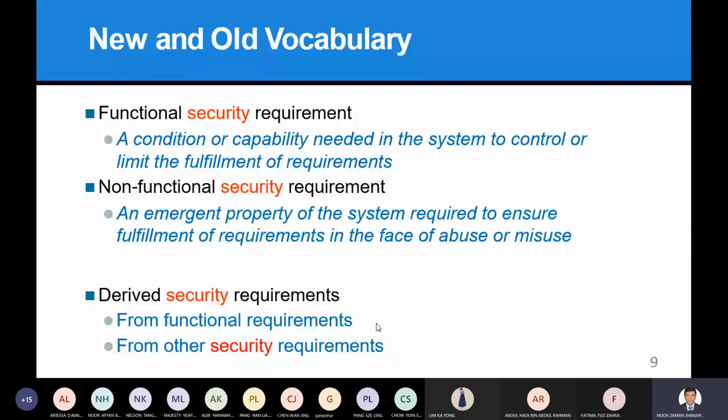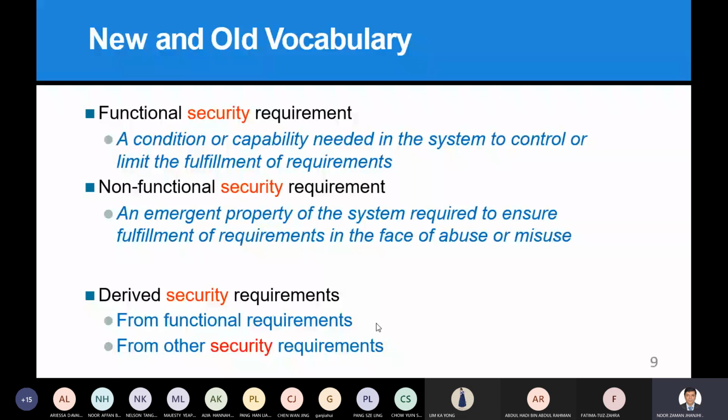So the functional security requirement is a condition or a capability needed in the system to control or limit the fulfillment of requirements. There are different definitions for the non-functional requirements as well: an emergent property of the system required to ensure fulfillment of the requirements in the face of abuse or misuse.